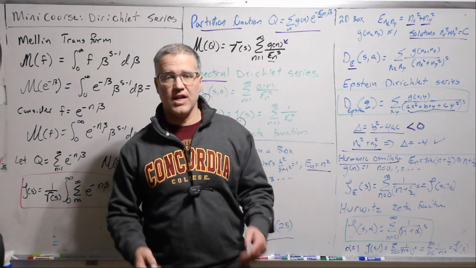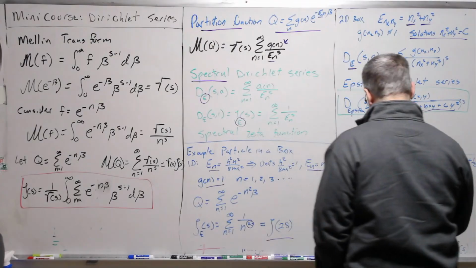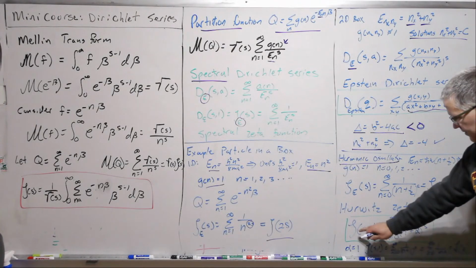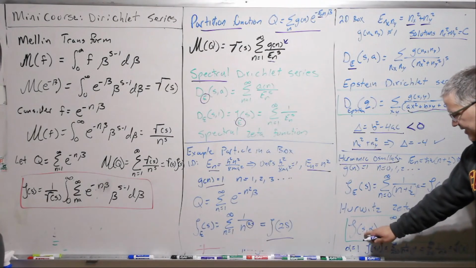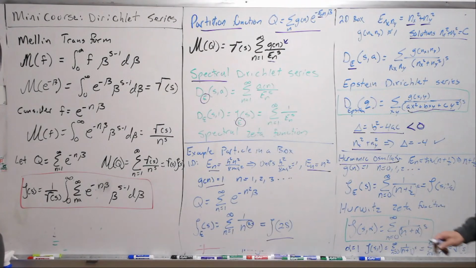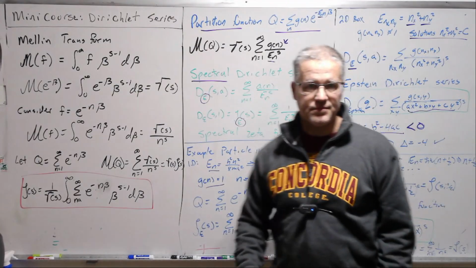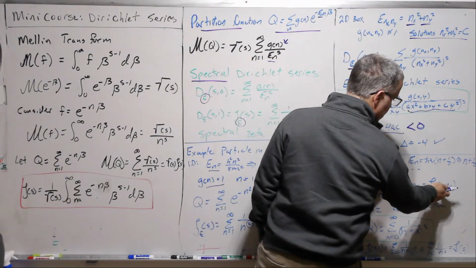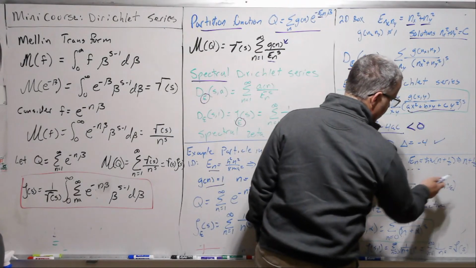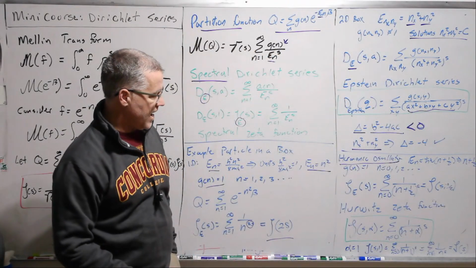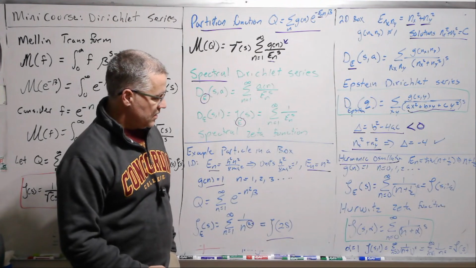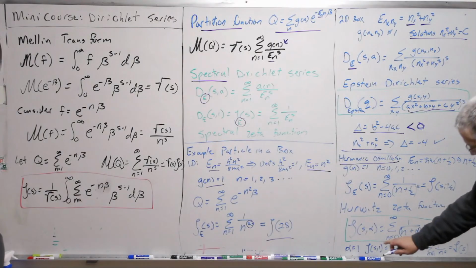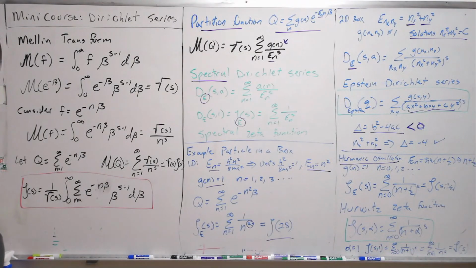Well, this is a generalized zeta function. This is called the Hurwitz zeta function. And we usually give the symbol zeta of s comma alpha, and alpha is that little shift. So for the case of the harmonic oscillator, we have a Hurwitz zeta with alpha equaling 1/2. Let's look at a special case where alpha is equal to 1.